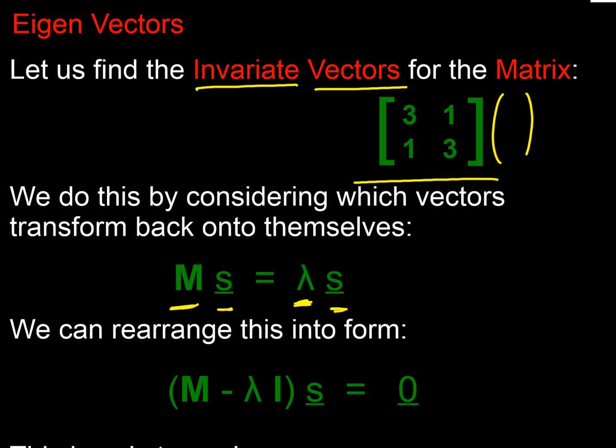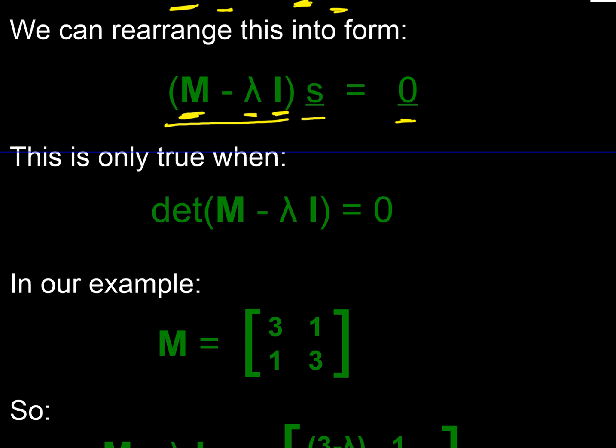Now, if that's going to be true, I can rearrange this equation so that I have a matrix here, which is our matrix M minus lambda times the identity matrix, all multiplied by our vector that we're trying to find, must equal the empty vector, like 0, 0, or 0, 0, 0, yeah?